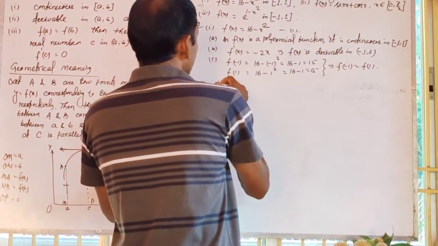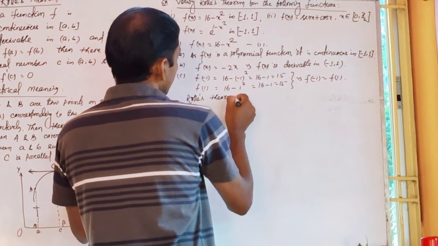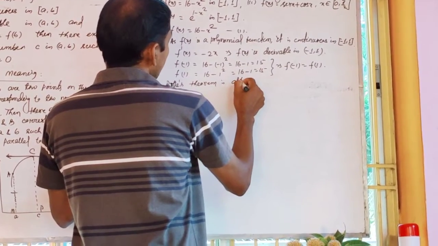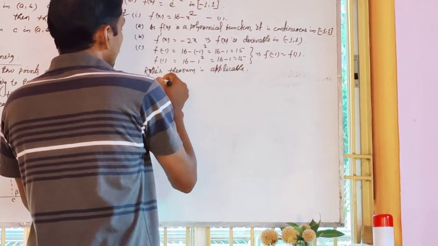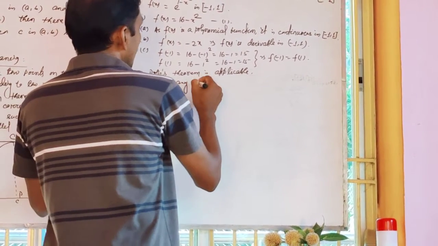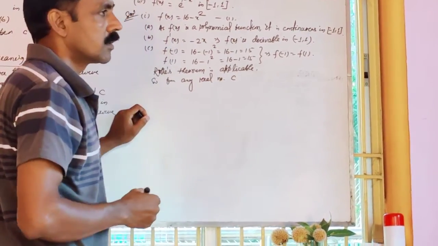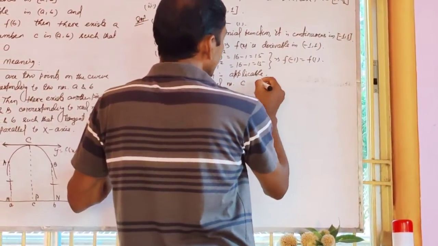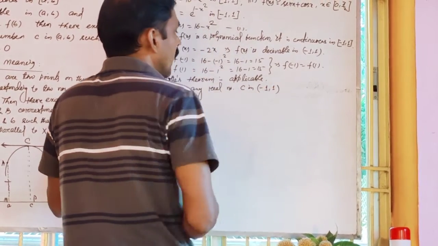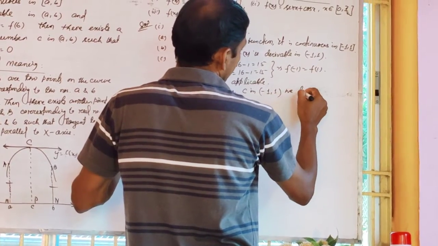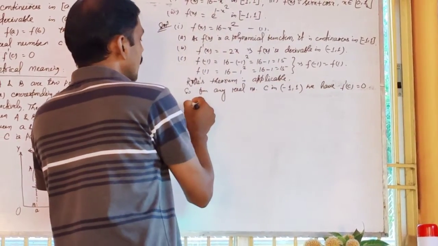Okay. So Rolle's theorem is applicable. So for any real number c in the open interval minus 1 to 1, we have f dash of c equal to 0.